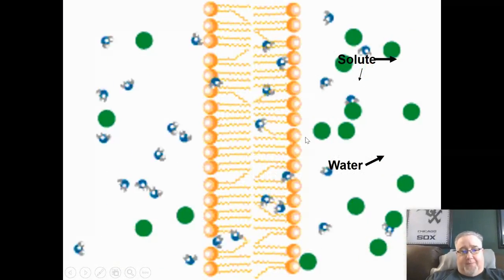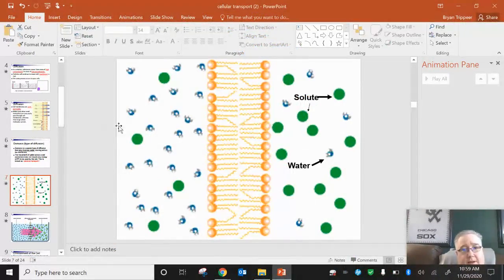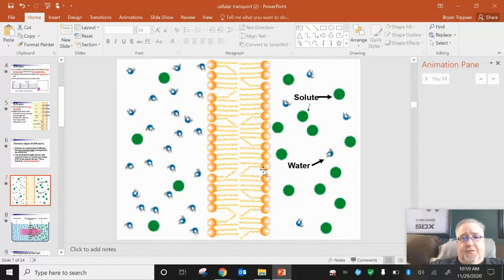So, here's a good example. Actually, I'm going to get out of this animation real quick. So, if you look here, this is your cell membrane. Okay, this is your phospholipid bilayer, and on both sides of this membrane, you have two particles. You've got these little water molecules here, right? Little H2Os, which, like I said before, can easily pass back and forth across this membrane.